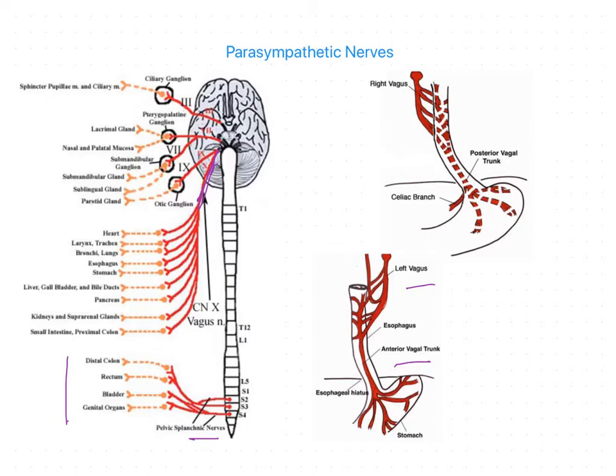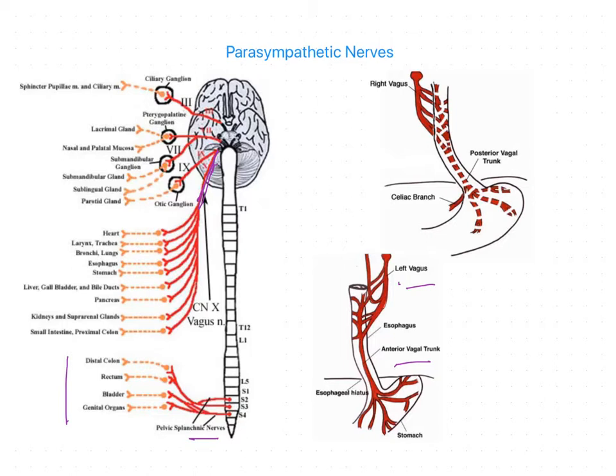The anterior vagal trunk, which is primarily from the fibers of the left vagus nerve, from the esophageal plexus which is seen in the thorax.